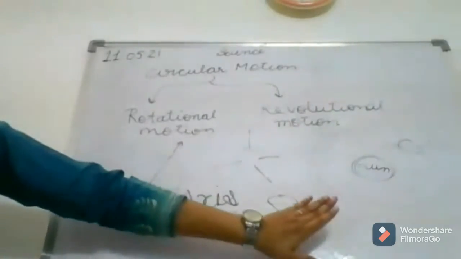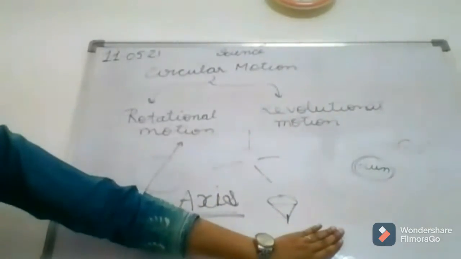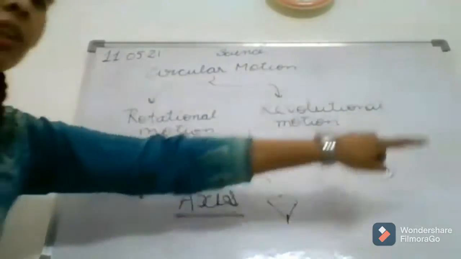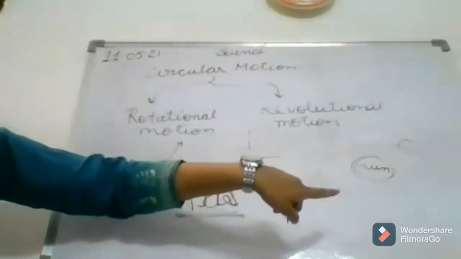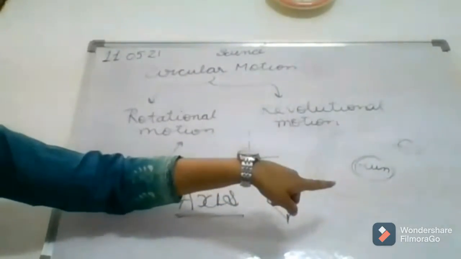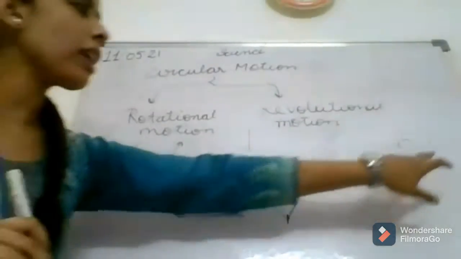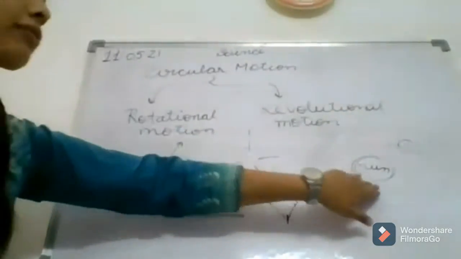In this type of motion, that is a revolution, an object moves in a whole round around a fixed center. Clear? It is the center, and the planets are revolving around this sun. So it is the fixed center.